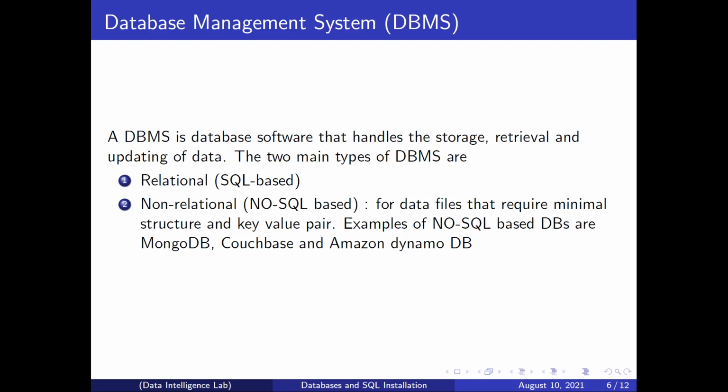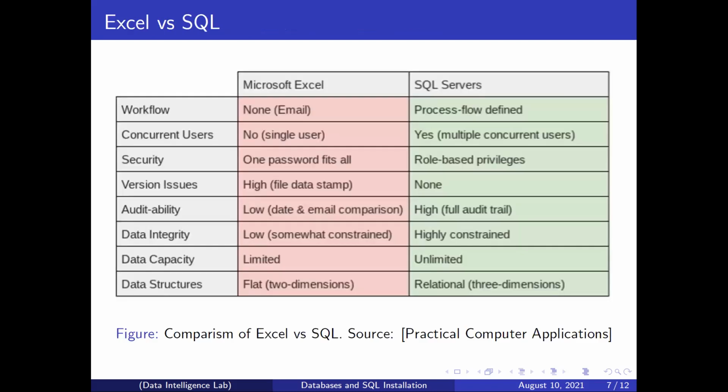So the main difference is just that NoSQL uses the key value pair kind of structure, which is a minimal structure. But in a SQL base, you have relations amongst different standardized tables within the database.